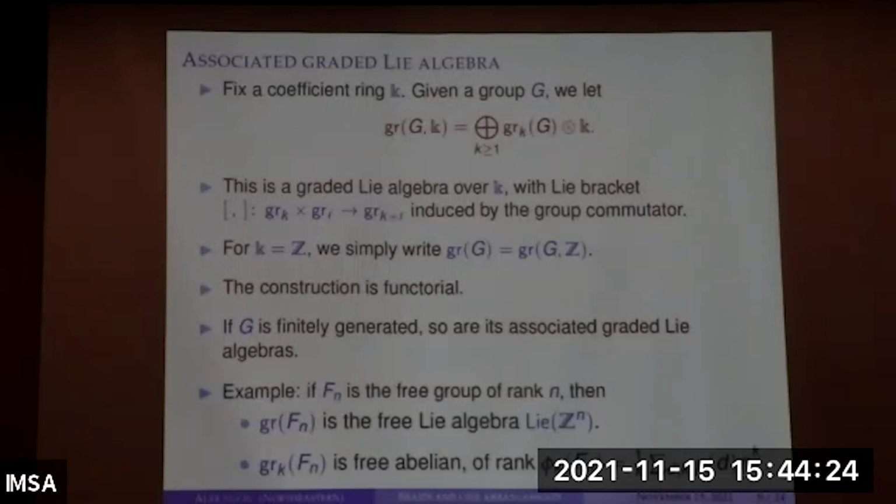So the classical example, the first example in the literature, when this was fresh in the 30s, was the free group. The first result of the subject, I would say, besides the setup, was the fact that if you take the free group and you take the associated graded, you get a free graded Lie algebra.